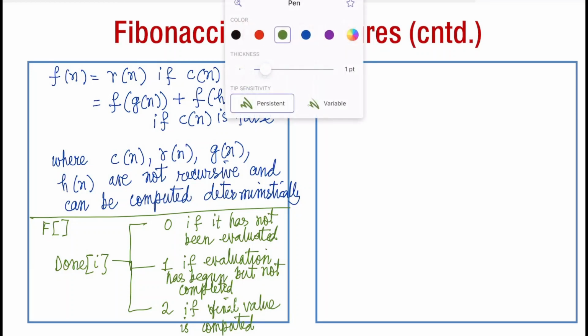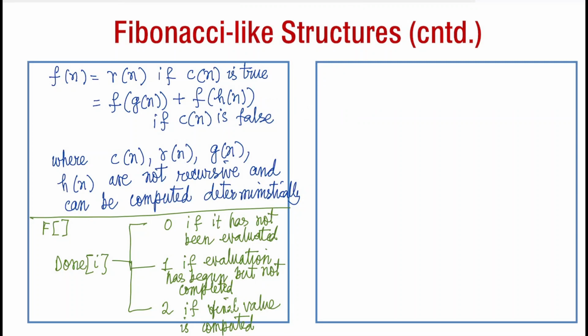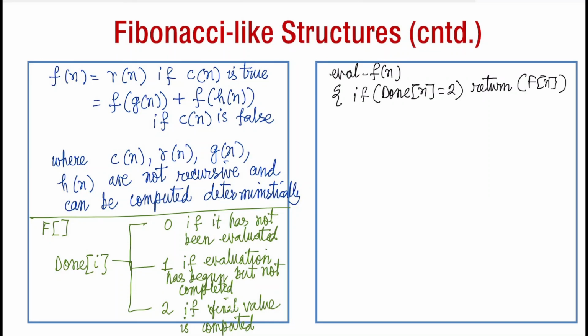And we have seen in our discussion that the algorithm eval fn first checks if done n equal to 2, return fn, then checks the base condition, that is if cn equal to true, then it begins the evaluation of the function.